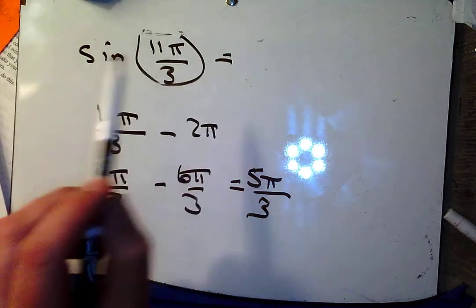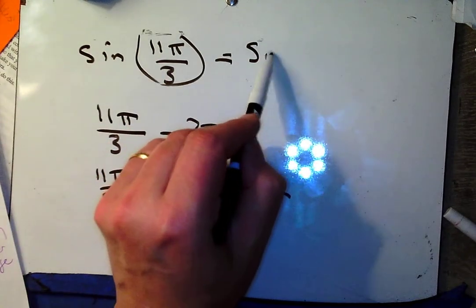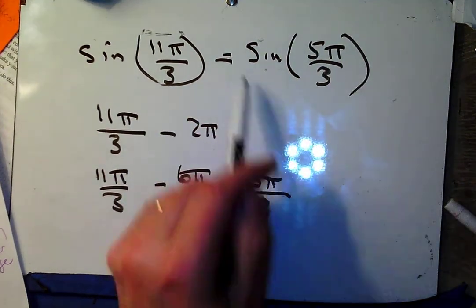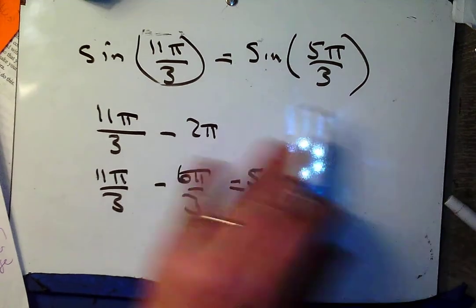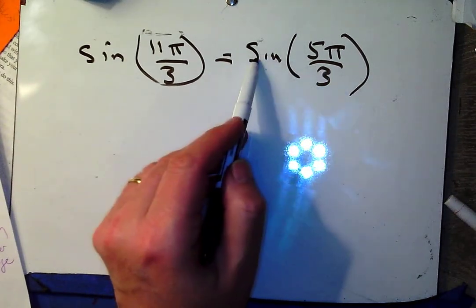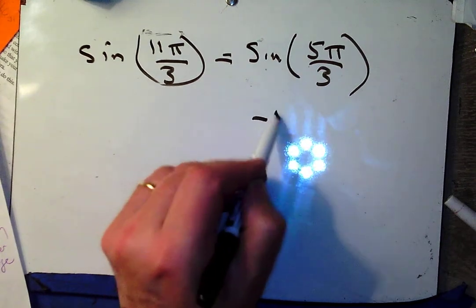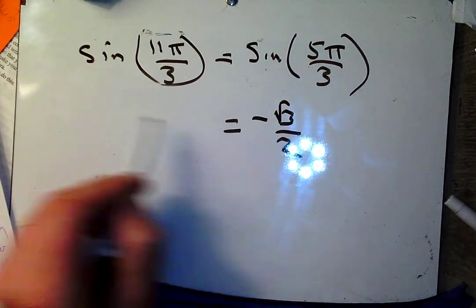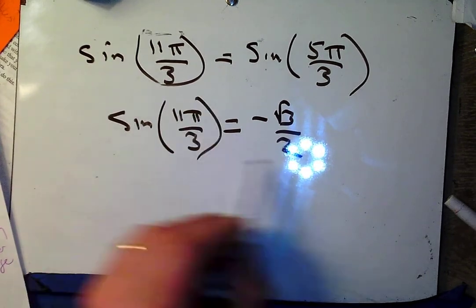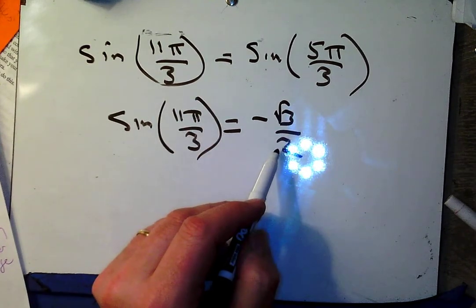Oh, so this is going to be just like that. Well, I know the sine of 5 pi over 3. 5 pi over 3 is in the fourth quadrant, and the y value there is negative root 3 over 2. And so that's what the sine of 11 pi over 3 is. It's the same thing.